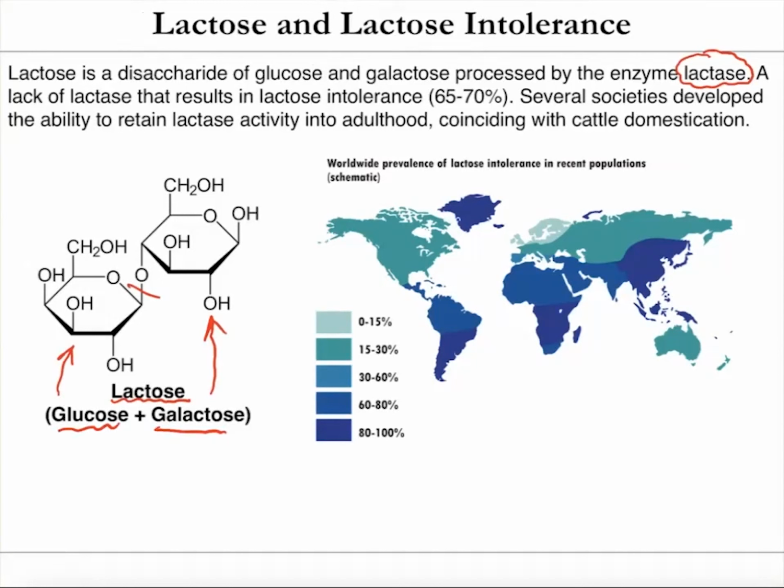So human beings have this lactase enzyme. Certain societies independently across the planet have evolved to have this lactase protein expressed throughout adulthood. In most humans, or at least before this evolutionary switch happened, most humans do produce lactase when they're infants, when they're drinking milk from their mothers.